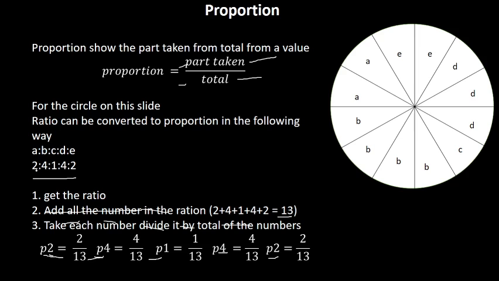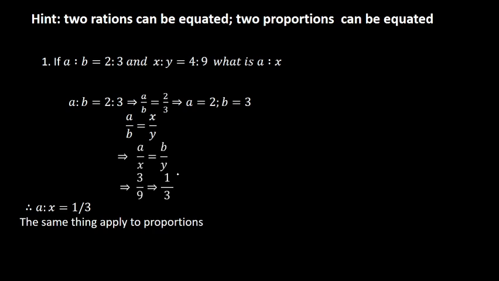So that is to say we have considered these as individual entities in the whole system. Now, note this. 2 ratios can be equated. 2 proportions can also be equated. So, in that scenario, look at this example.